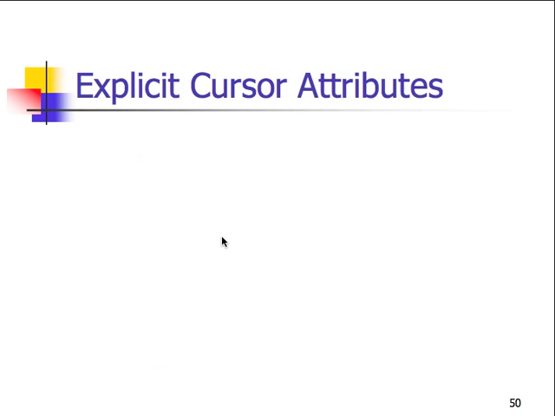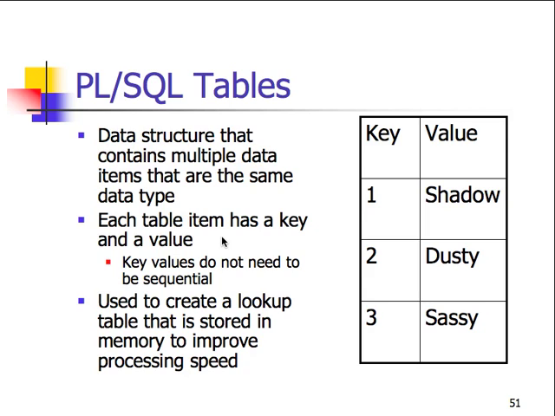So let's see, we have attributes that are associated with it. Here's a kind of a concept here, the PL SQL table. So we have data structures in PL that act as tables. So we can create a table, just like we would create a variable, and then we can use it to store the contents of our table if we don't want to reference it.